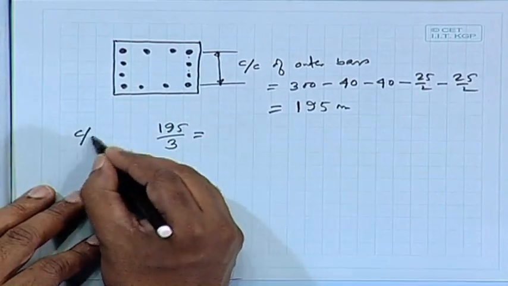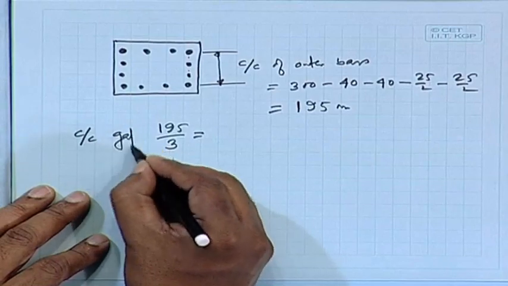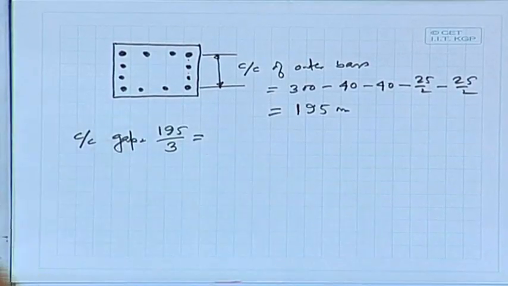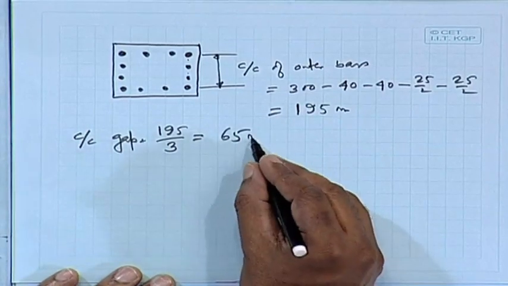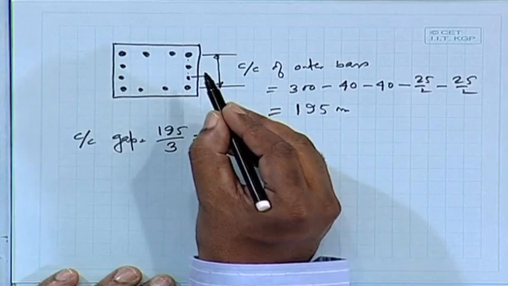the center to center gap, 195 by 3, comes as 65, the center to center gap between these two bars.